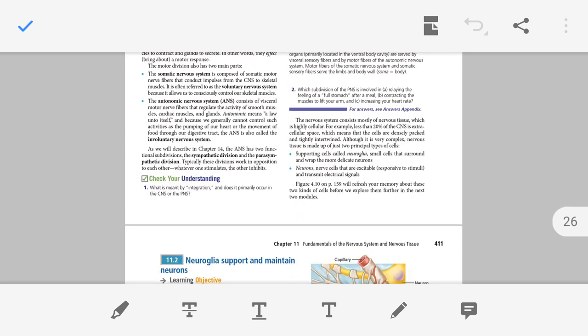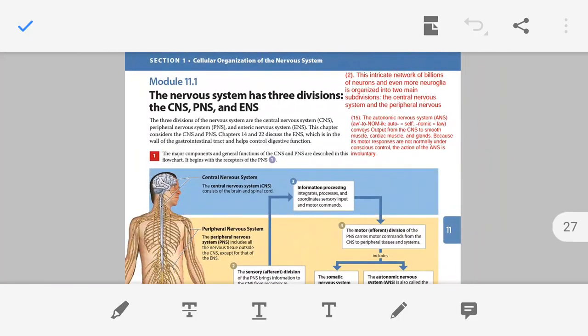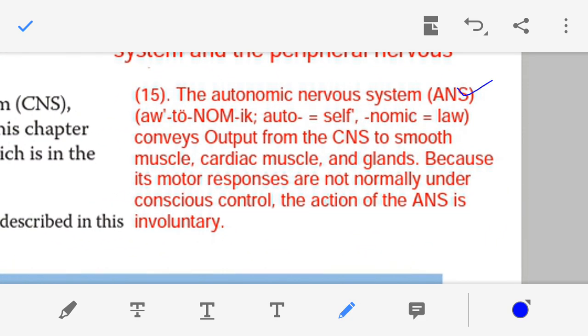So let's discuss point number 15 now. The autonomic nervous system, ANS. How should we pronounce it? Autonomic nervous system. Auto means self, nomic means law. This system passes the nerve impulse from the CNS to the smooth muscle.